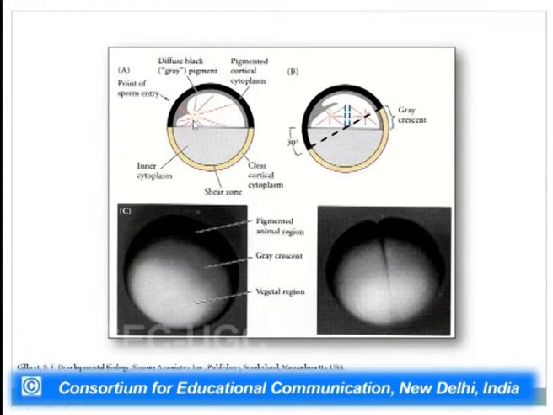This is done by the microtubular arrangement made by the sperm centriole, and the grey crescent area marks the future dorsal side of the embryo, from where gastrulation will start. This is very important because the dorsoventral axis is determined by the point of sperm entry and the appearance of the grey crescent that marks the future dorsal side.